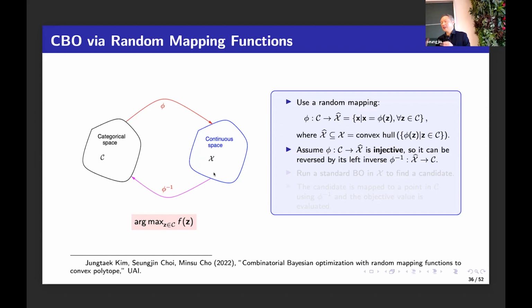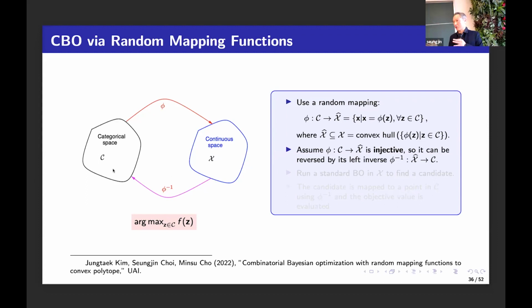Then you can easily apply standard Bayesian optimization in the continuous space, and go back to the original categorical space to solve your original problem.